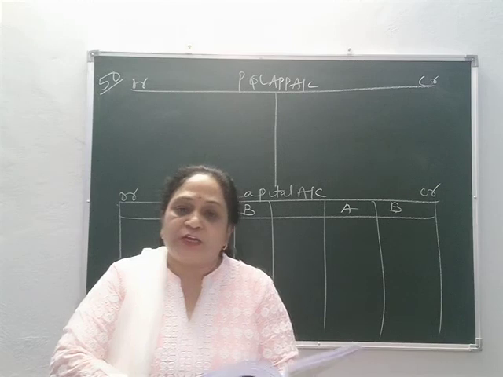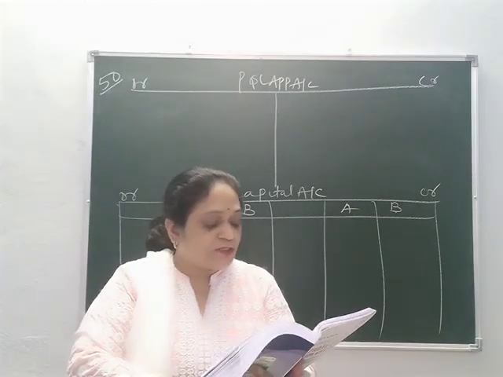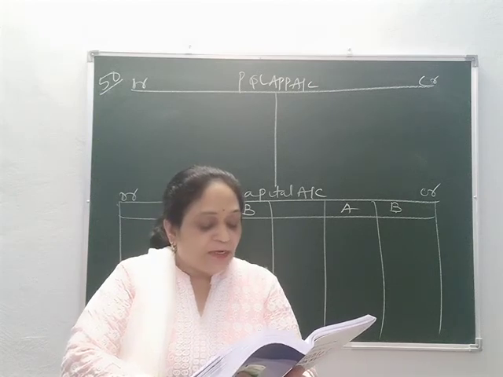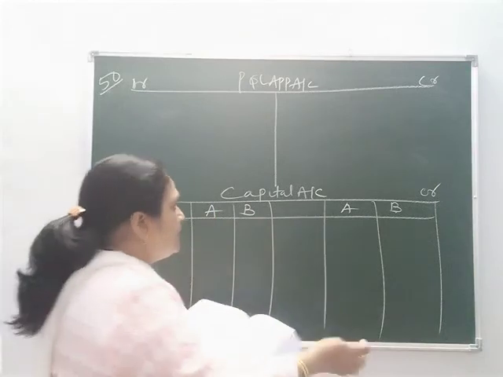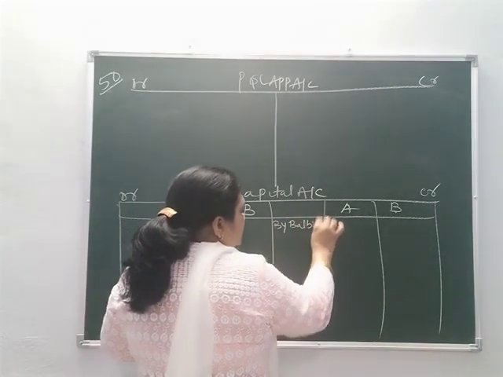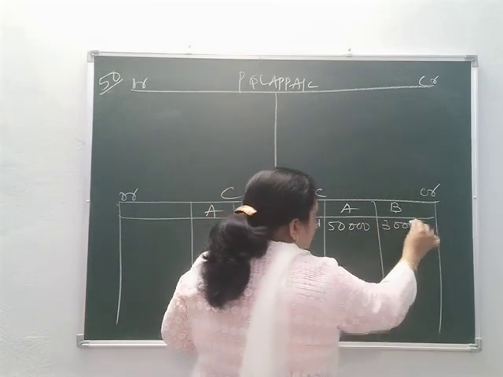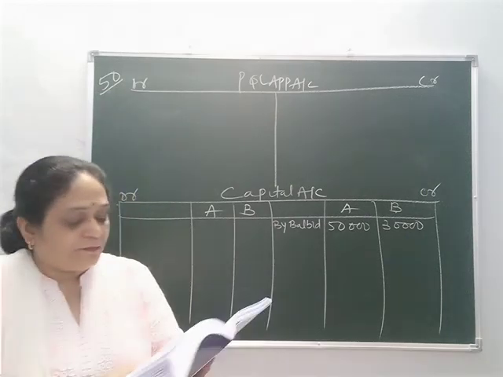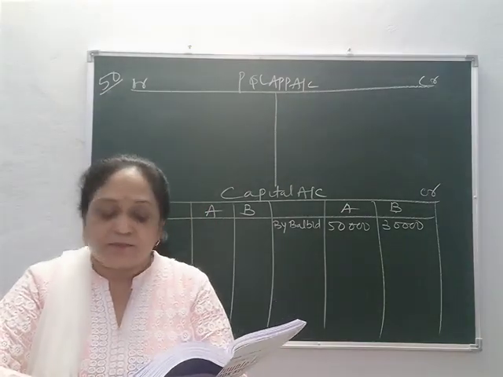Children, question number 50. A and B are partners sharing profits and losses in 3:2. Capital balances are 50,000 and 30,000, which you will bring down in their capital accounts by balance brought down 50,000 and 30,000. Okay. Then interest on capital is agreed at 6% per annum.